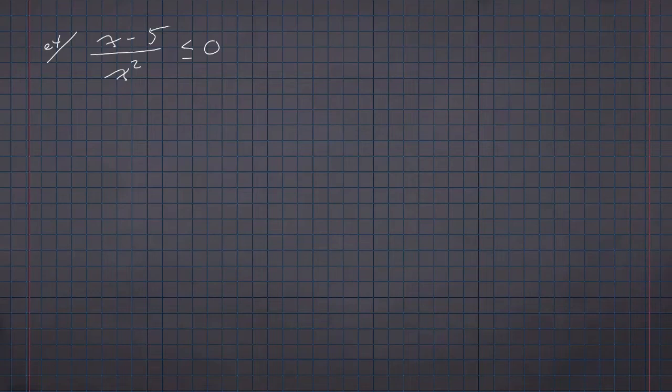Once again, I'm looking at less than or equal to, which means places where this function is equal to 0, specifically where the numerator is equal to 0, will be solutions. So we set the numerator equal to 0, and we remind ourselves that the denominator is not 0. And we have 0 and 5 as our two key points.